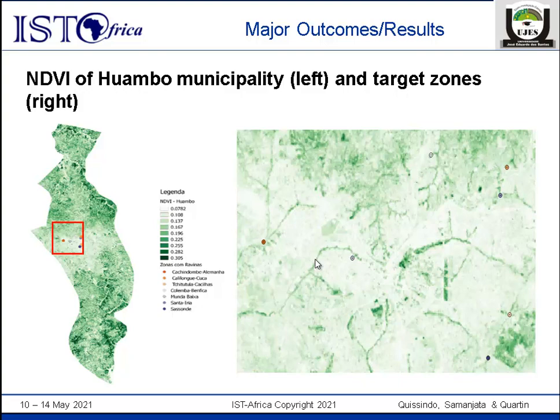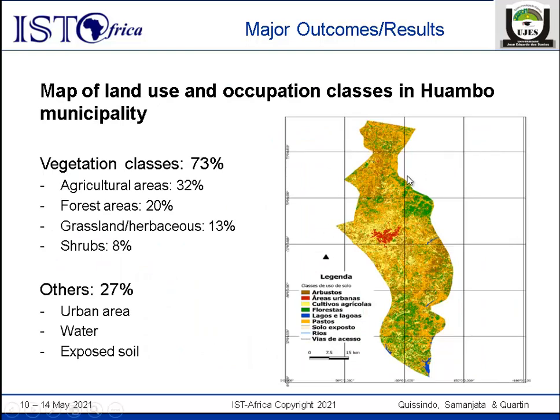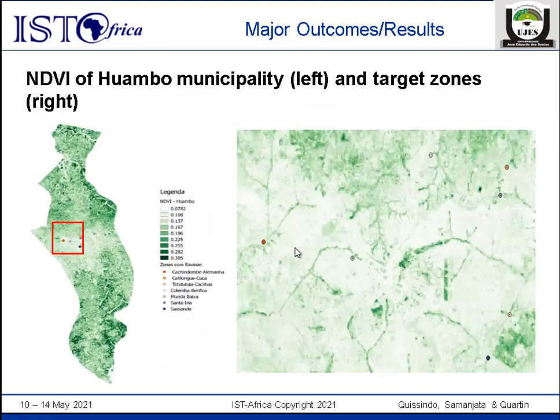So the novelty of this study is that it was possible to show that all areas without vegetation are most prone to the occurrence of ravines. So we must pay attention to the deforestation rate or the conversion of forest area to agriculture area or urban area.